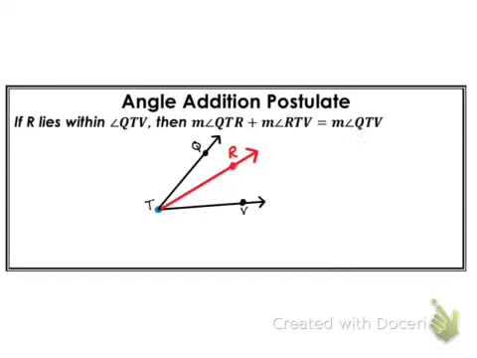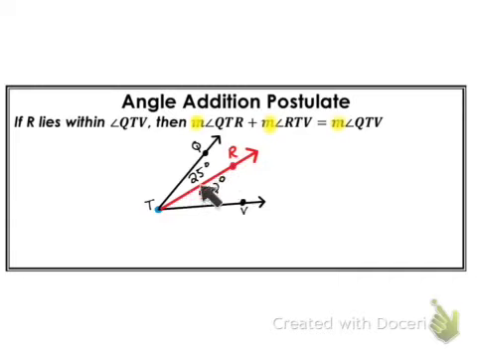So let's take a look at an example real quick. Let's say that the measurement of QTR was 25 degrees. Then that would be an acute angle. Let's say that the measurement of RTV, which is right here, is 52 degrees.